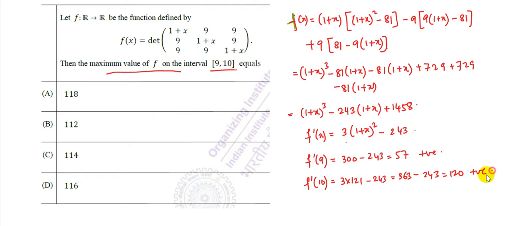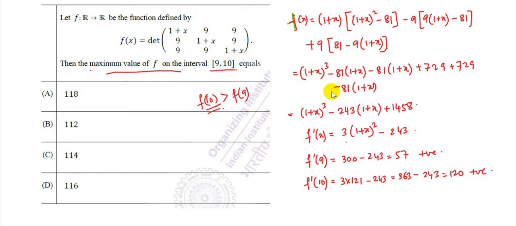So this is also positive. That means f(x) is definitely increasing in this interval. So the value of f of 10 will be greater than f of 9. So the greatest or the maximum value of f in this interval will be at f10.